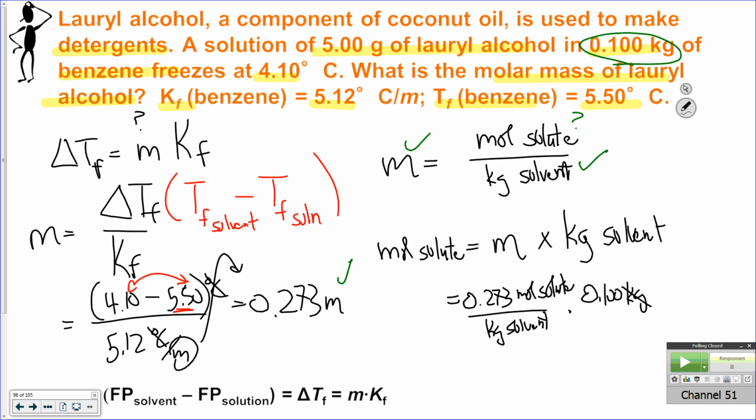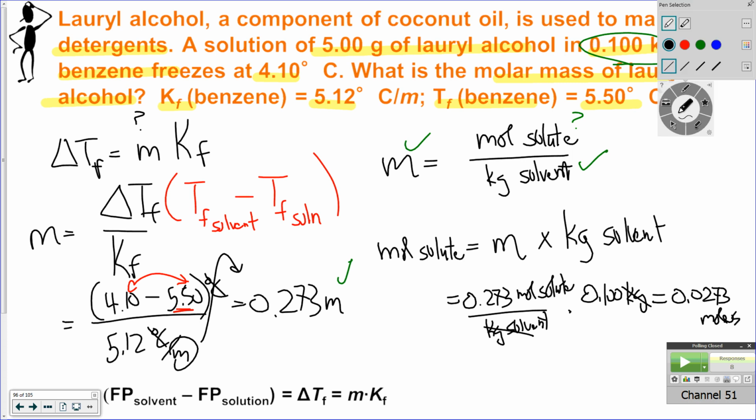So kilograms would cancel out. That tells me the number of moles is 0.273 moles of solute. So if I want to know molar mass, what are the two things I need to know? What are the units of molar mass?